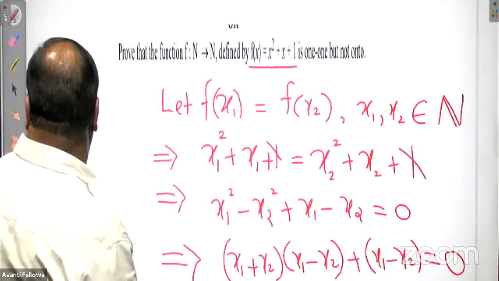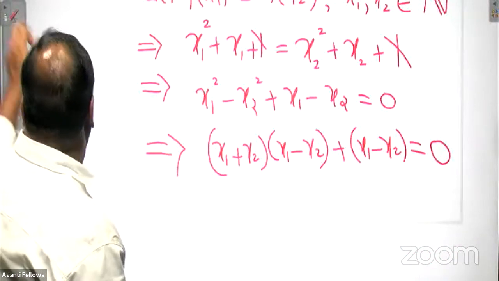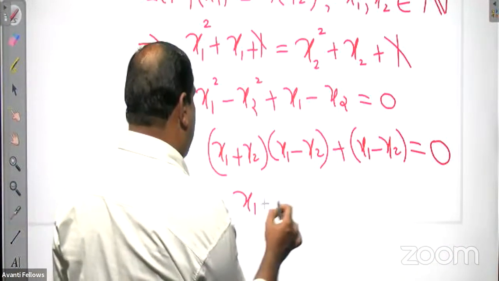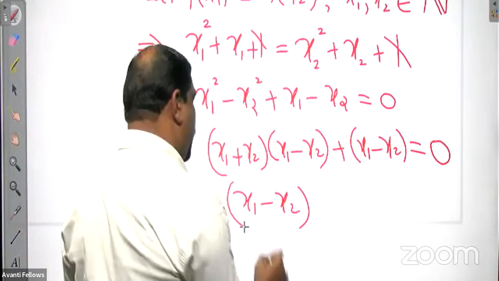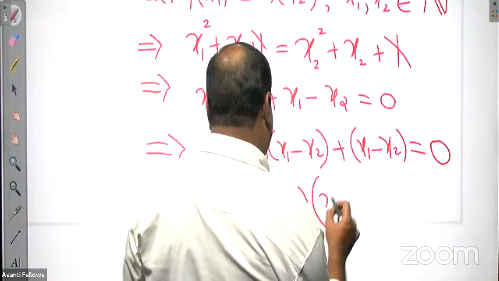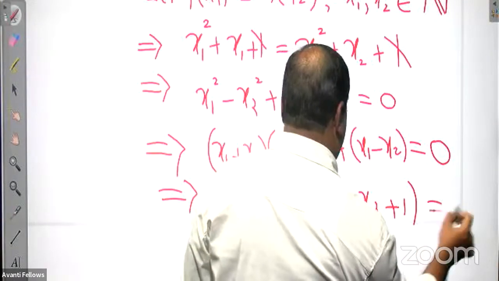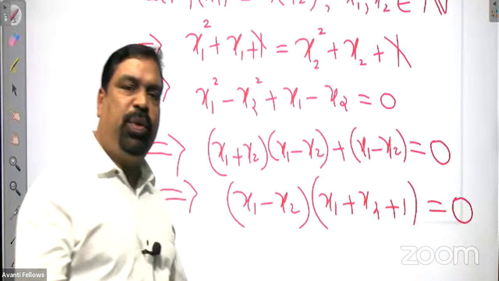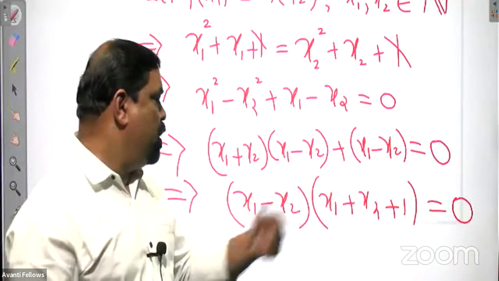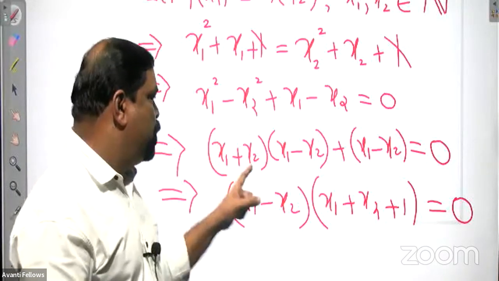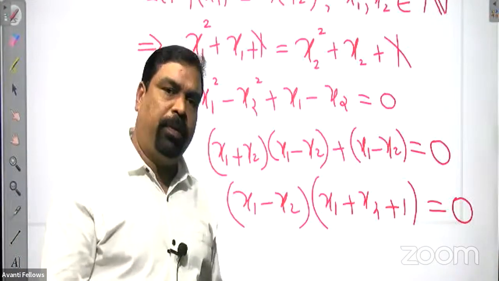So x1 minus x2 is common. Take it outside. In the bracket, you will get x1 plus x2 plus 1. So you will get x1 minus x2 into x1 plus x2 plus 1 equal to 0.